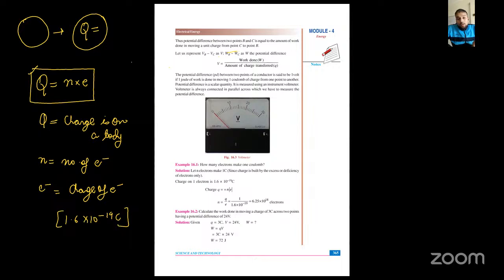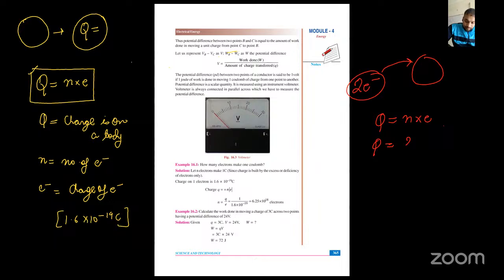If two electrons are transferred from one body to another, for example, how much charge is there? We know the formula Q is equal to N into E, where N is 2 and E is always fixed, 1.6 into 10 to the power minus 19 coulomb.